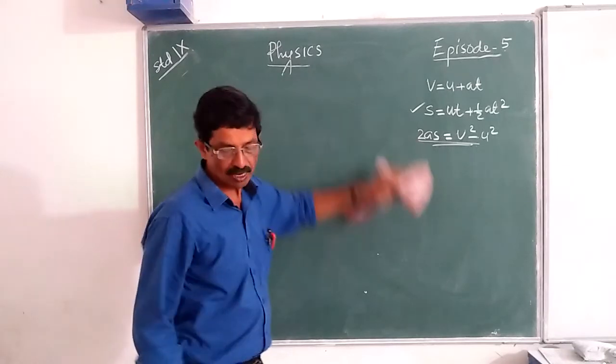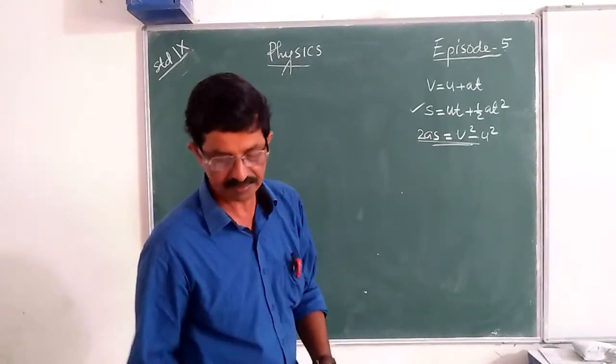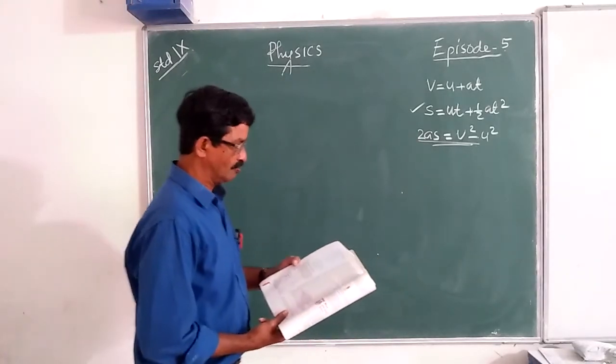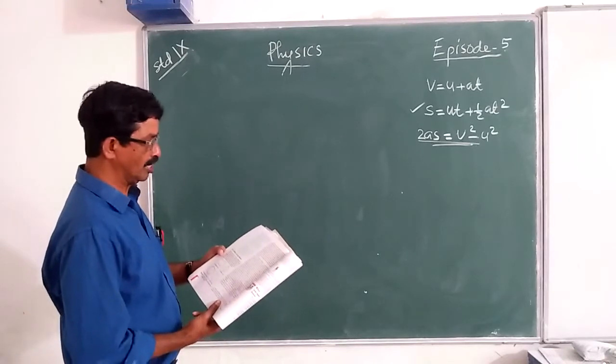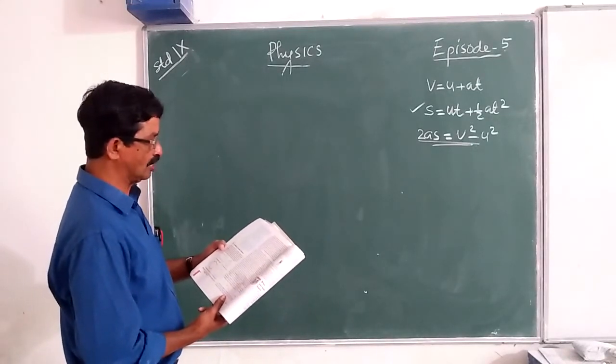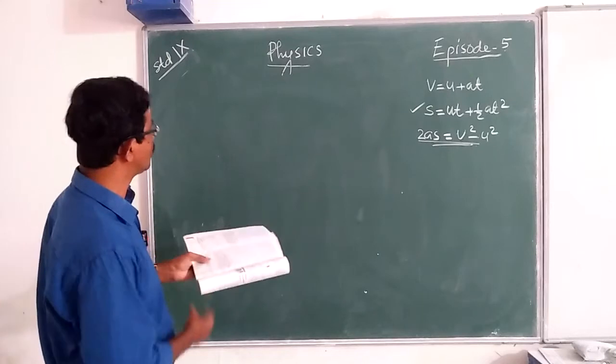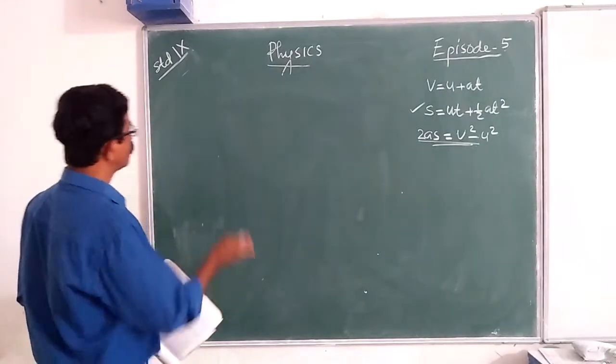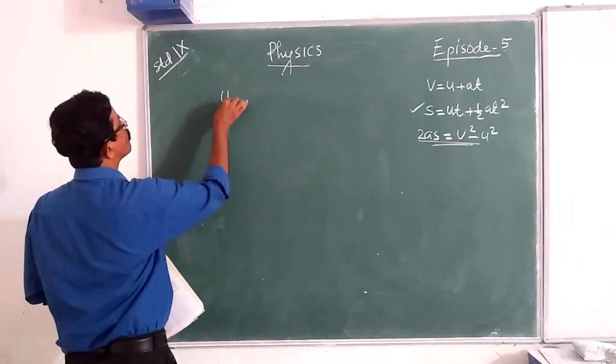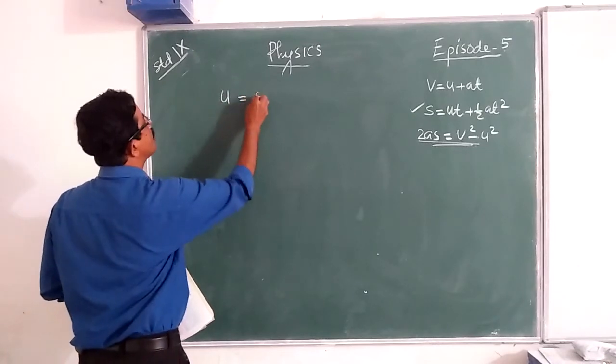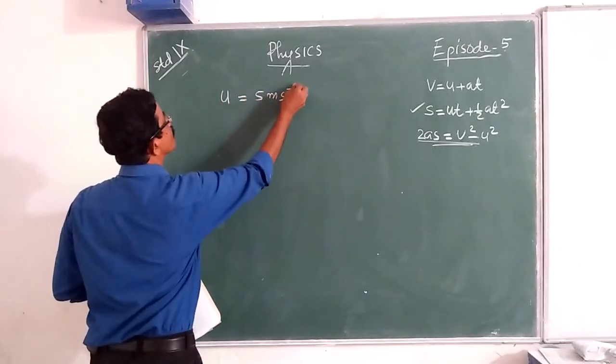Now another problem is given. A stone is thrown in a vertically upward direction with a velocity of 5 meters per second.